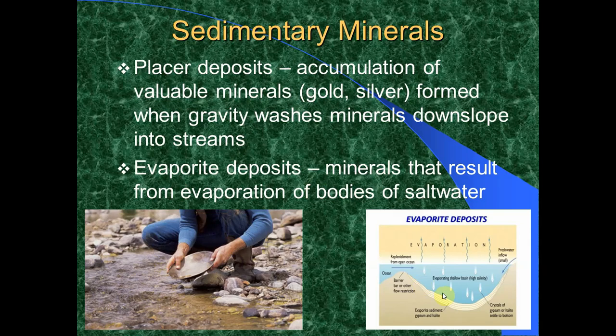Evaporite deposits, what we need is a shallow body of seawater. What happens is the water evaporates off, and what's left behind is enriched in evaporite minerals: halite, gypsum, and anhydrite.